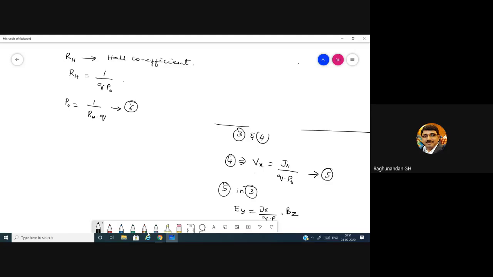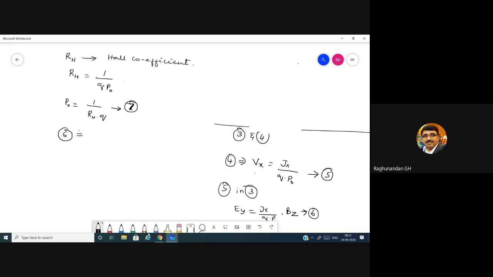Now, when you have obtained the equation for P naught, let us take this as 7, this as 6. So P naught is equal to 1 by RH into Q. This is one equation I have got.